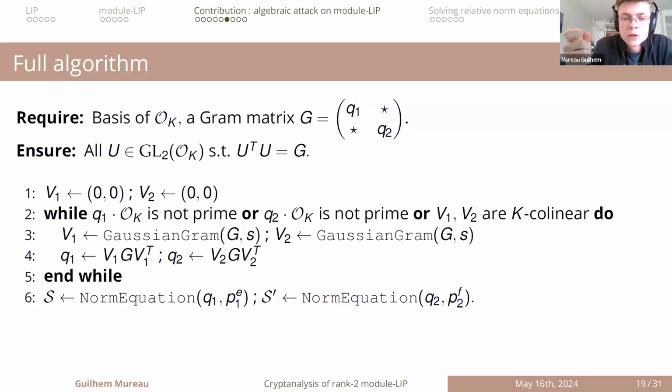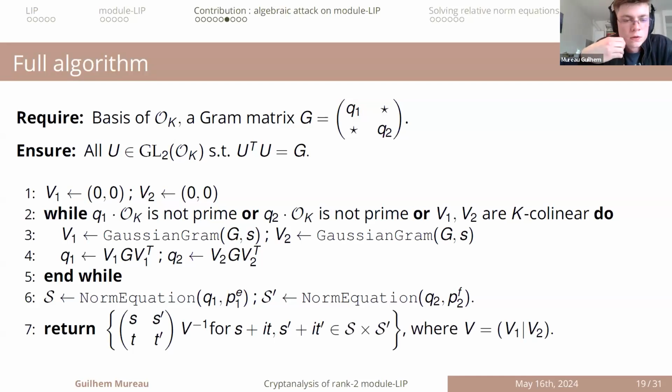And to test if an ideal is prime, the first thing is to compute its algebraic norm and factor it. So when we call the norm equation algorithm, we already know the prime factorization of Q1 and Q2. So this is free at this step.